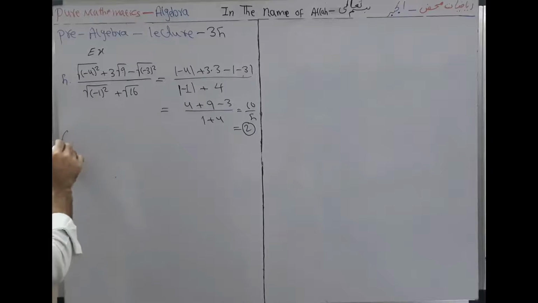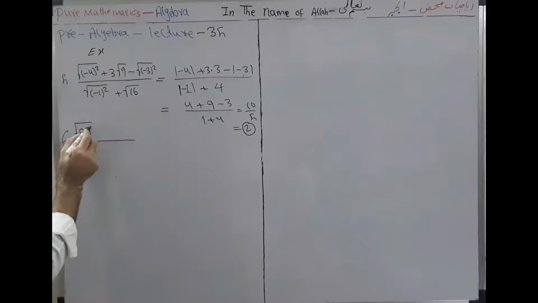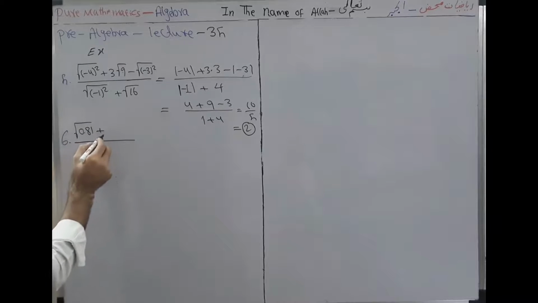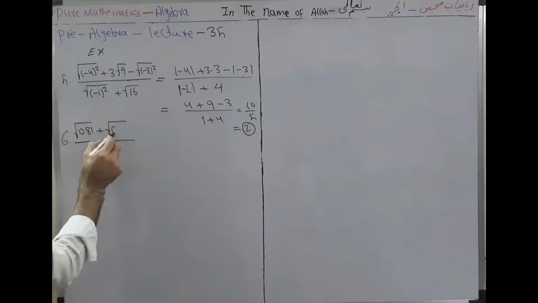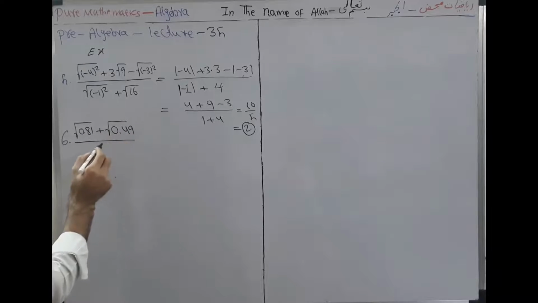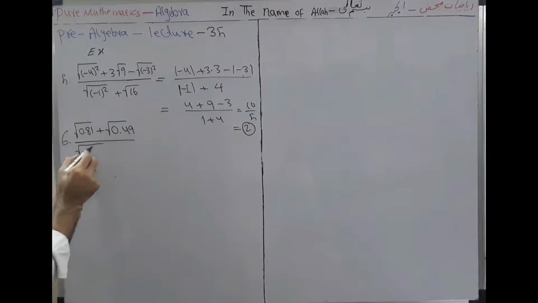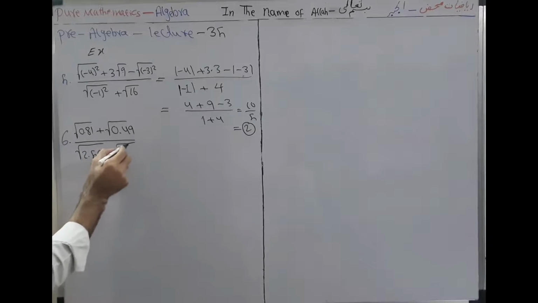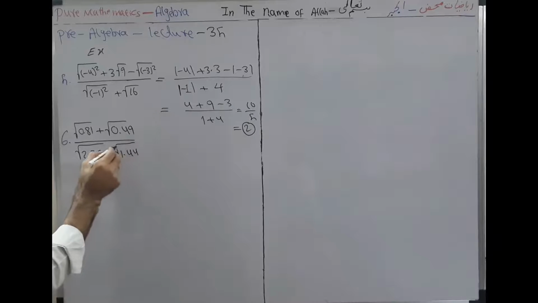Question 6. We have square root of 0.81 plus square root of 0.49 over square root of 2.56 minus square root of 1.44.